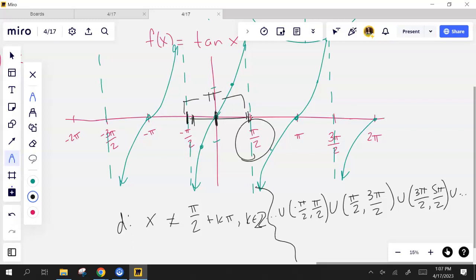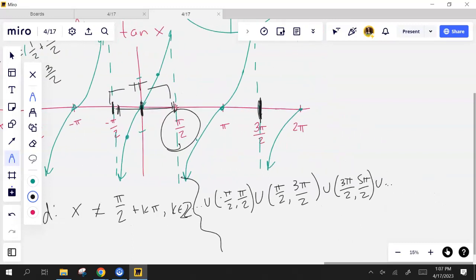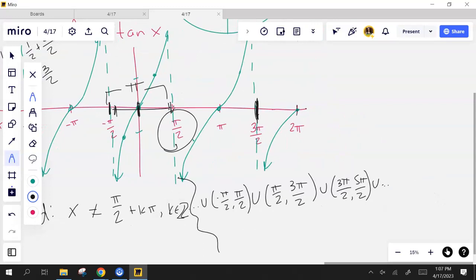So if I start at half a pi, what's half plus 1? What's a half plus 1? 1/2 plus 1. Right? So I'd be here. Then if I add another pi, I'm not here, but here, and that's where my other asymptote is.